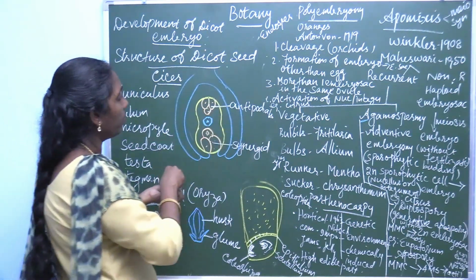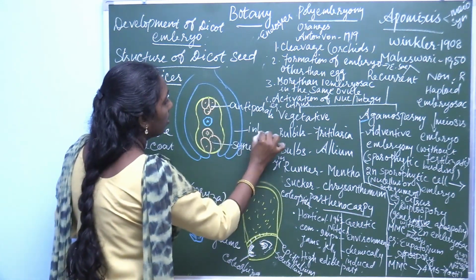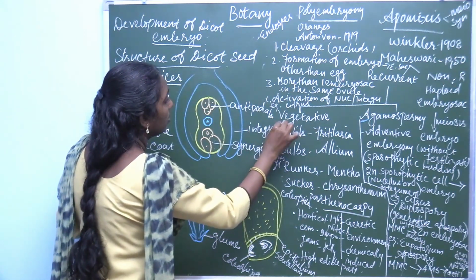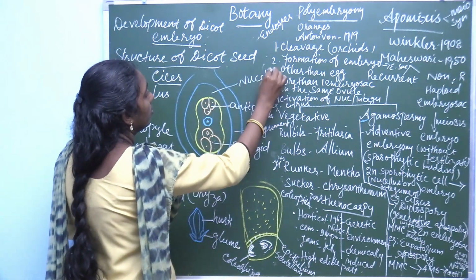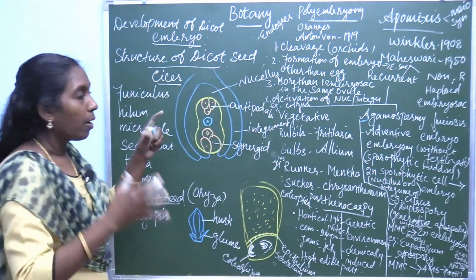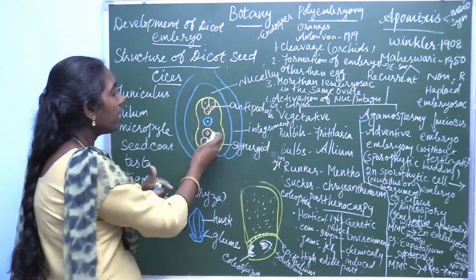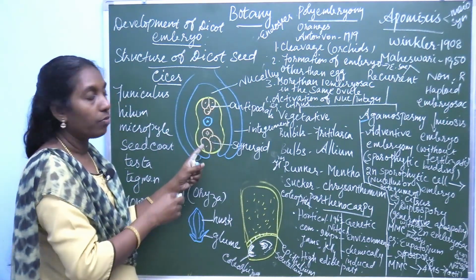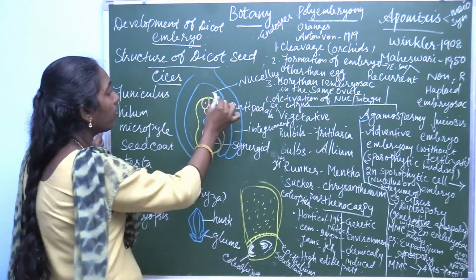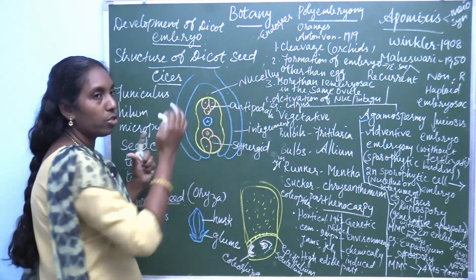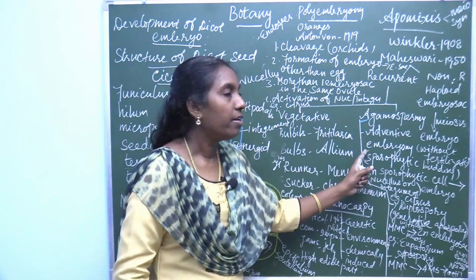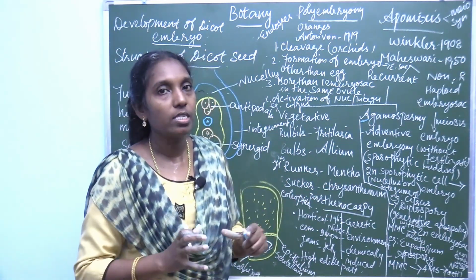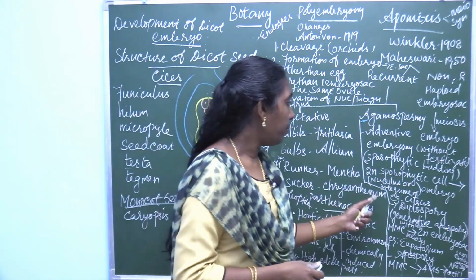So the embryo develops other than from the egg. Fusion does not take place. It develops either from the integument or from the nucellus and forms the embryo. The process is called adventive embryony.